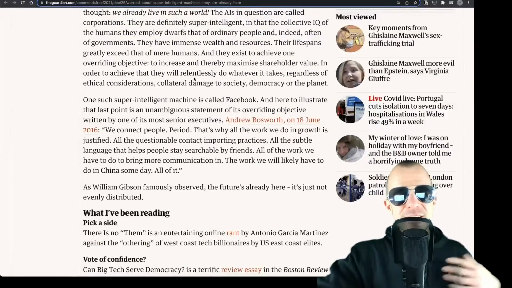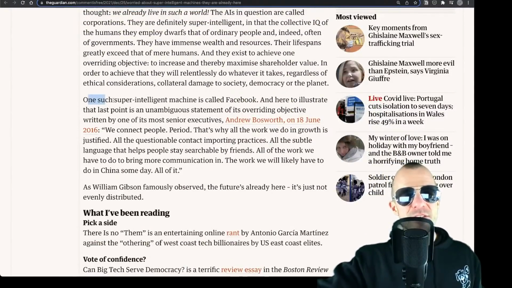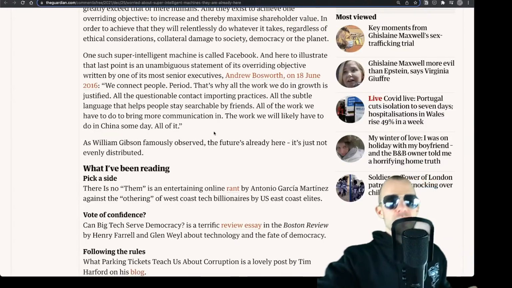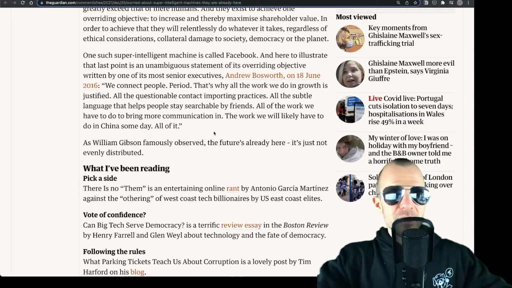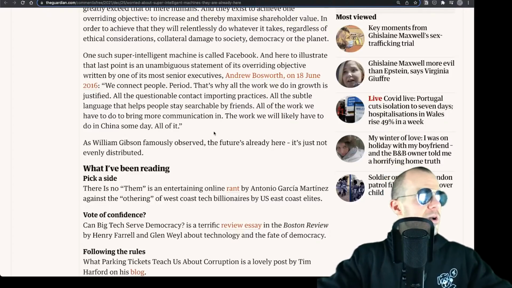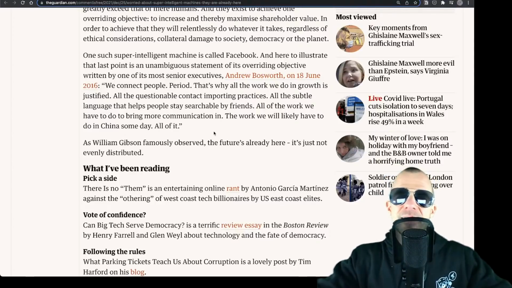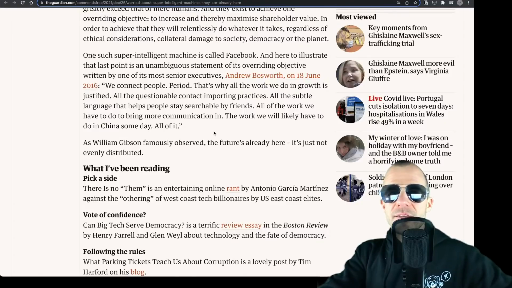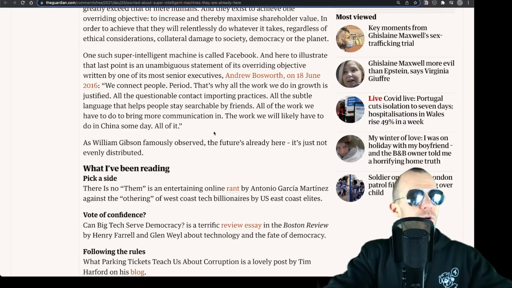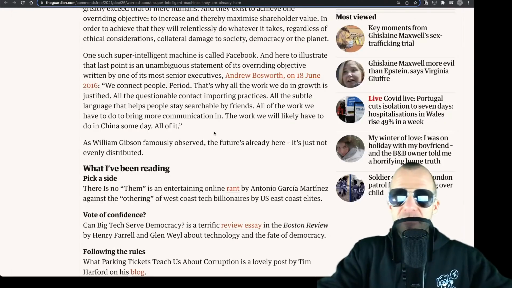And then it's like, one such super intelligent machine is called Facebook. Oh no. What is the deal with dumping on Facebook? I have asked myself this so much. Facebook seems to be the worst, even though I don't see a difference between Facebook and Twitter in terms of how bad the environment is.